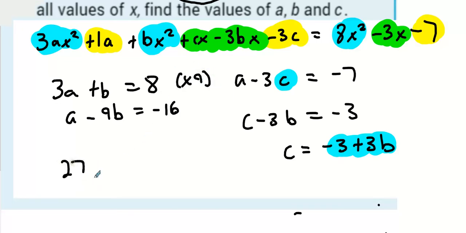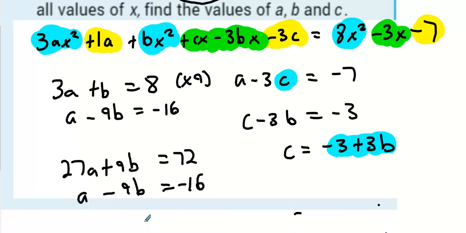And we get 27a plus 9b equals 72. Bottom equation. Yeah, that's much better. Just shows you just a bit of tiredness, and you can make mistakes that are hard to find. So there we get 26a equals 56. No, I'll give you a go at that one in a second.